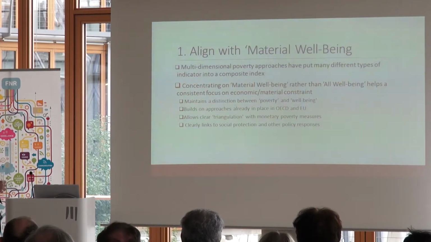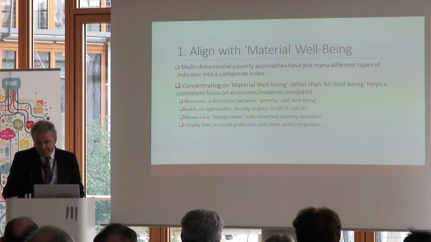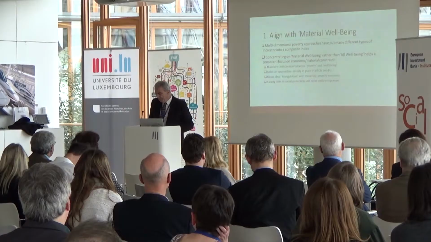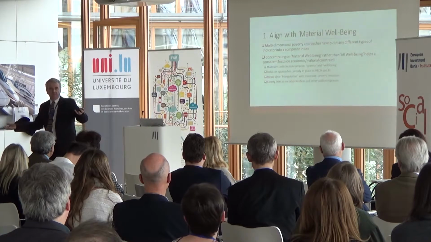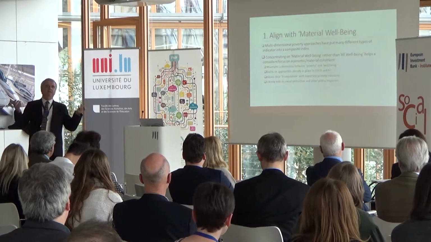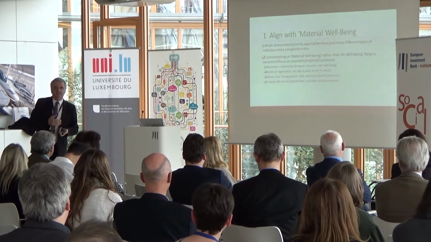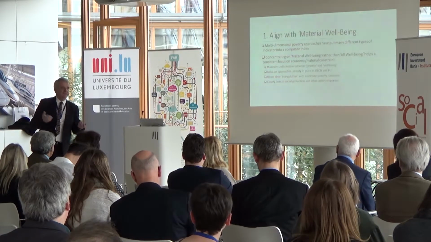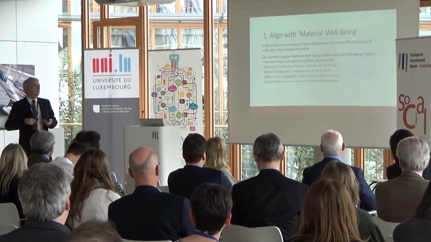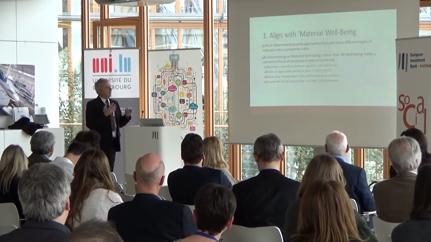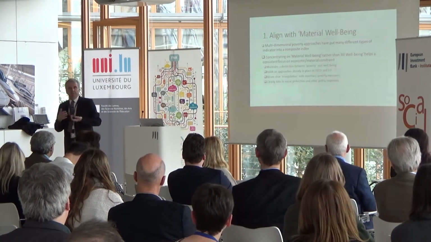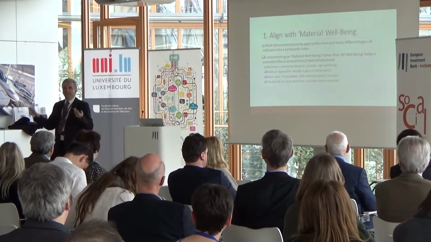The first thing I'm going to suggest is that if we're thinking about poverty, we have to understand how that relates to other aspects of well-being. The concept of well-being is probably more recent than the concept of multidimensional poverty. It's been high on the agenda of the EU and OECD. Lots of people have been capturing well-being.